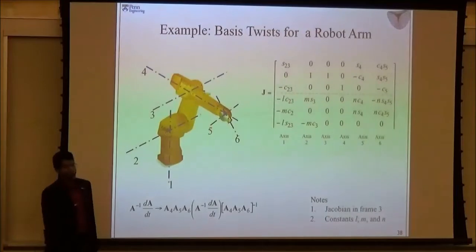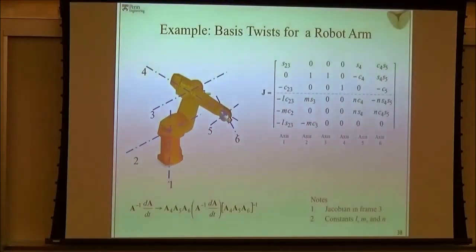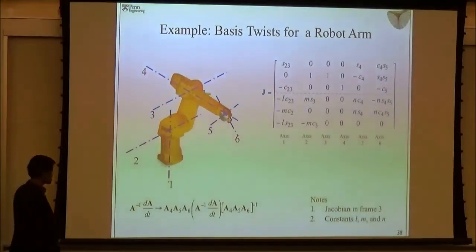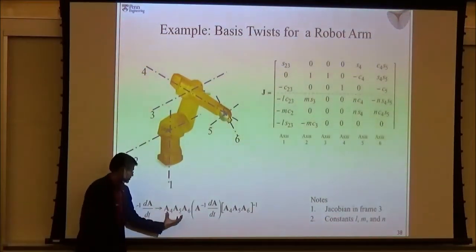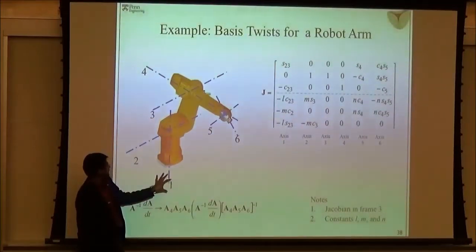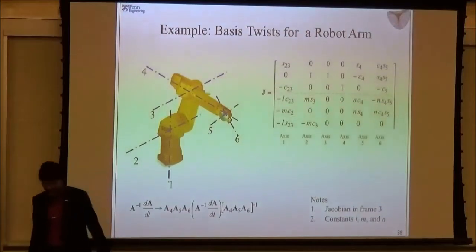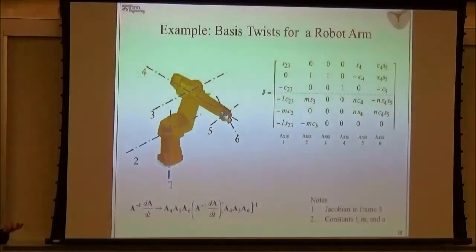Jacobians are usually messy, and the only thing I've done differently in this picture is essentially transform the Jacobian to an intermediate frame. So remember that you have A1, A2, A3, A4, A5, A6, the concatenation of the 6 homogeneous transforms.